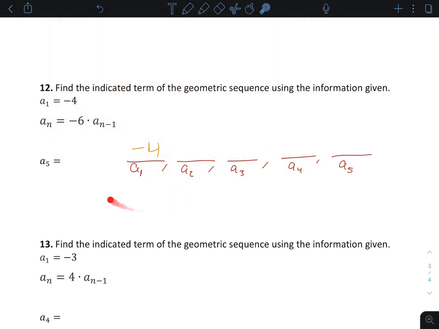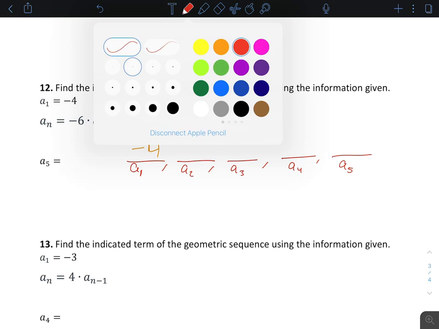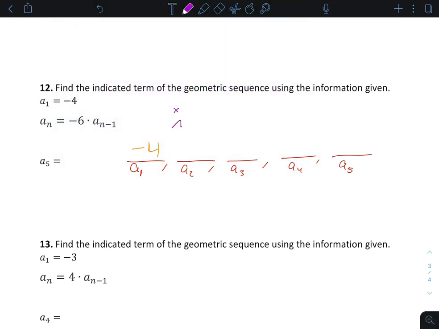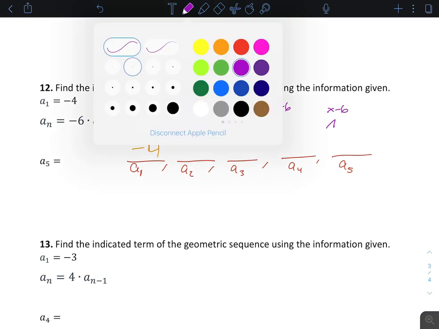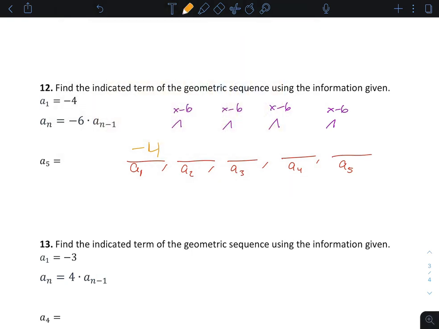Now, to find my A sub 2, I need to multiply by my common ratio. And my common ratio is -6. So I'm going to multiply every single term by -6, and that will help me find my A sub 5. So -4 times -6 will be positive 24. 24 times -6 would be -144.